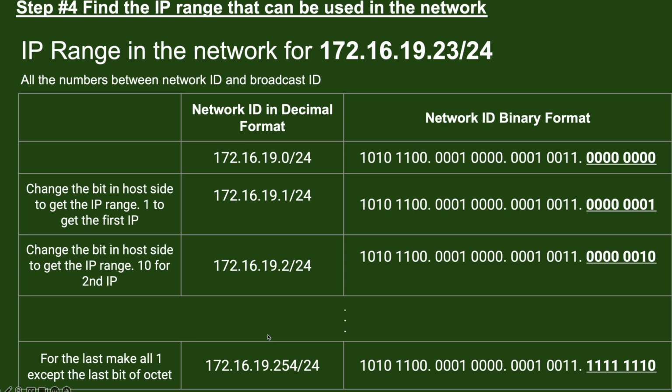The only condition we need to verify is that the IP addresses should be between 172.16.19.0, which is the subnet ID, and 172.16.19.255, which is the broadcast ID. So the IP addresses start from 172.16.19.1 all the way to 172.16.19.254, and 255 is going to be the broadcast ID.